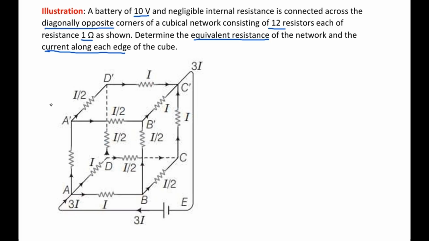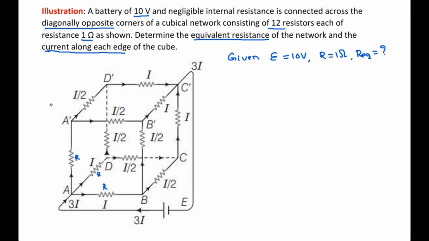According to the given data, E is equal to 10 volt and the resistance of each edge is 1 ohm. We need to find R equivalent diagonally and the current passing through each edge. For each edge we assume the resistance R; later we can substitute its value.